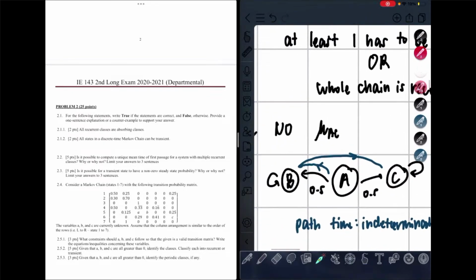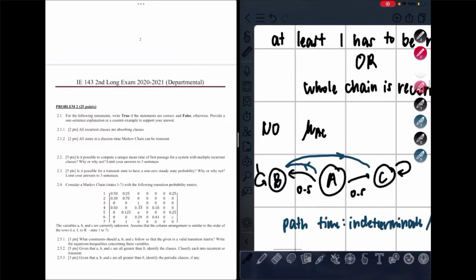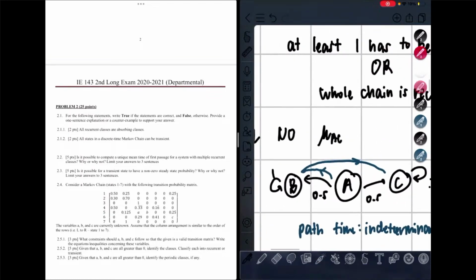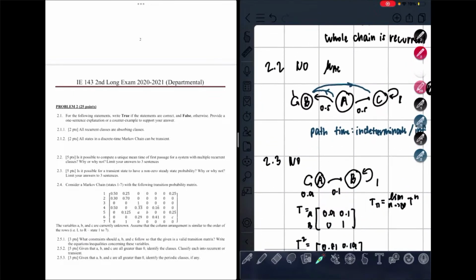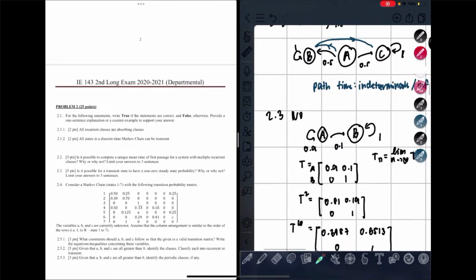Because this is absorbing. There's a chance now if you end up in B, you can just never go to C. There's no mean amount of time to go to C. So that's basically why it's not true.